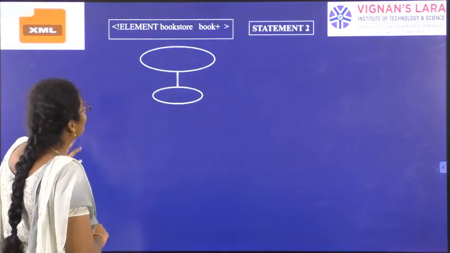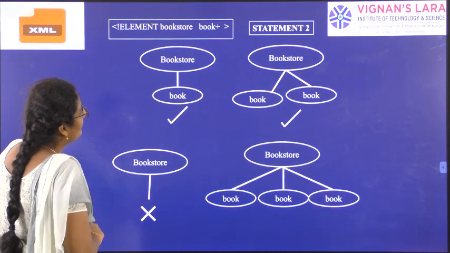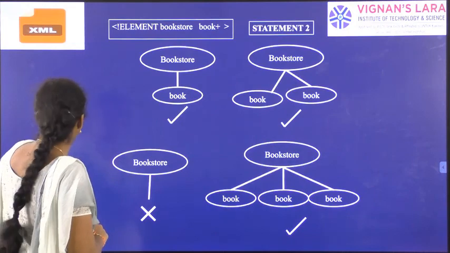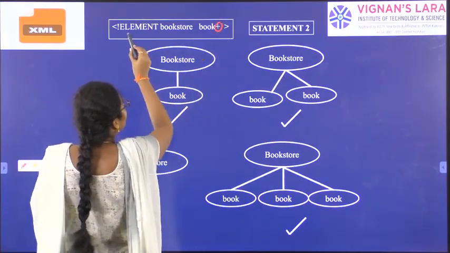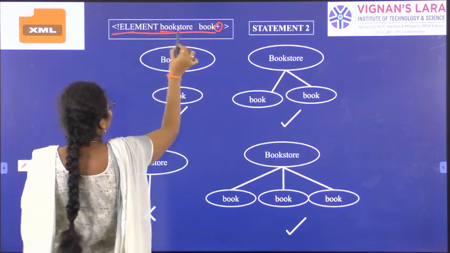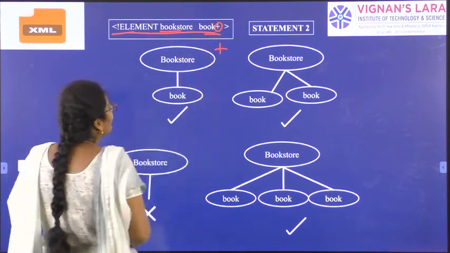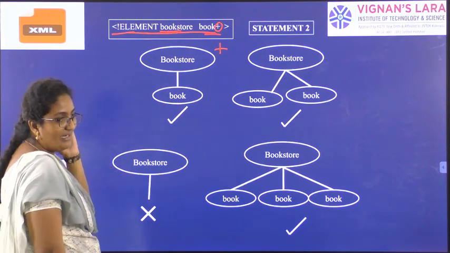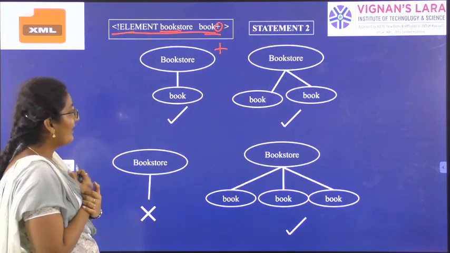The next one uses the plus symbol. What do we mean by plus symbol? At least once. All the syntax is the same: element, bookstore, book. I have used the plus symbol here. What is the meaning of the plus symbol according to DTD? The element should appear at least once.